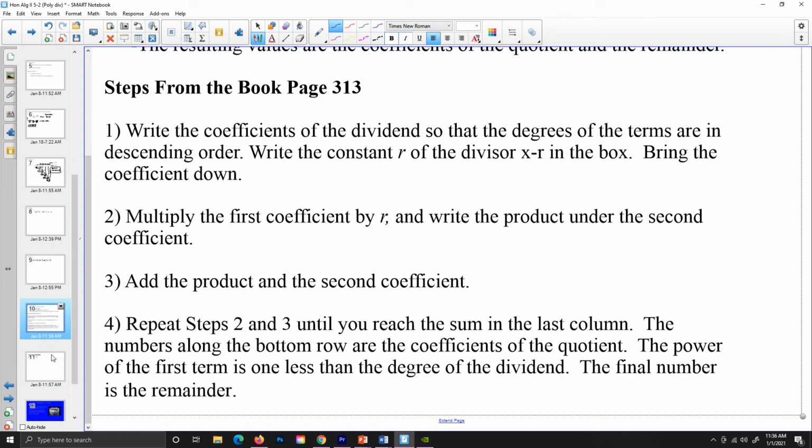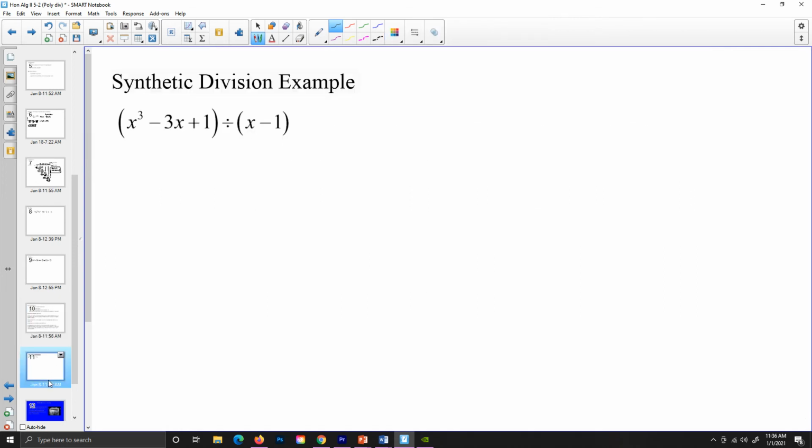Now, I know that's a lot of words, but it's actually fairly simple. So I have this synthetic division as my example. The first thing I want to do is write the coefficients of the dividend. In a division that's written like this, the first value here is the dividend.